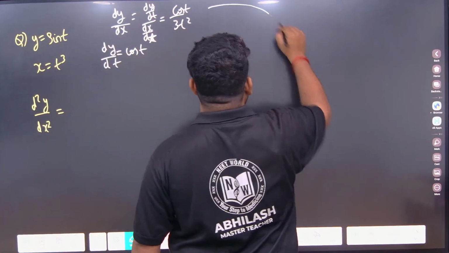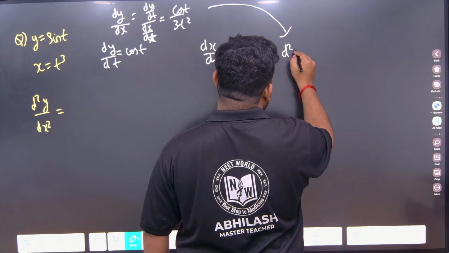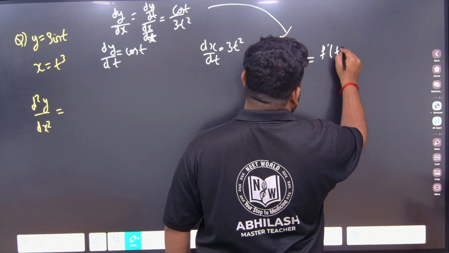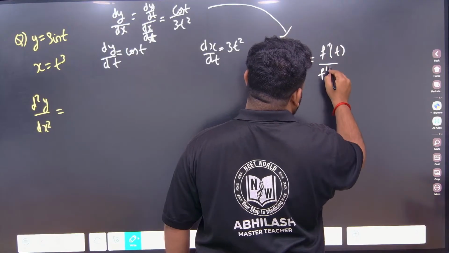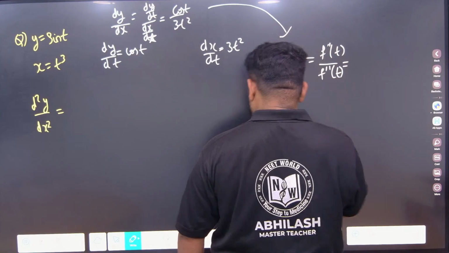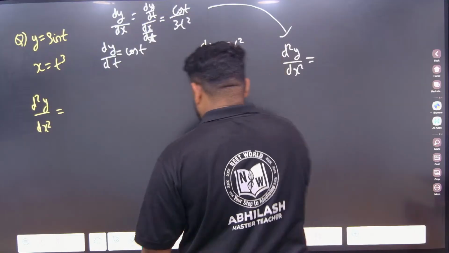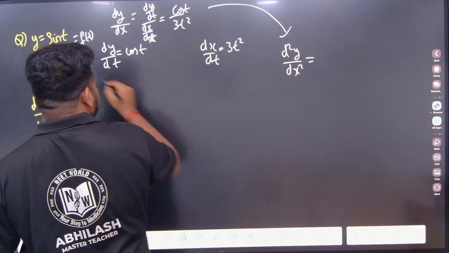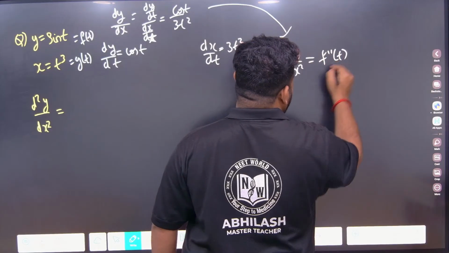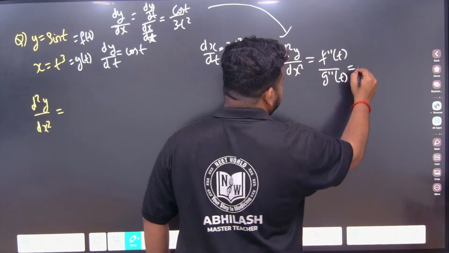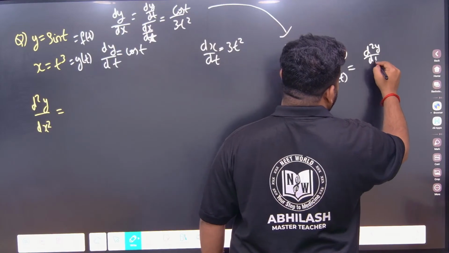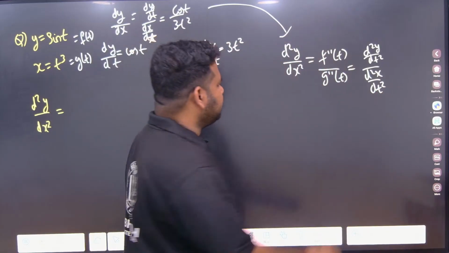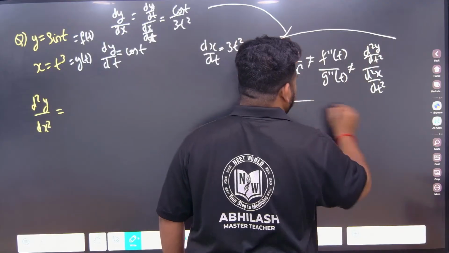The wrong thing you will do is write f double dash of t by g double dash of t, that is, d square y by dt square by d square x by dt square, where y is f of t and x is g of t. This is absolutely wrong. It is not equal to this.